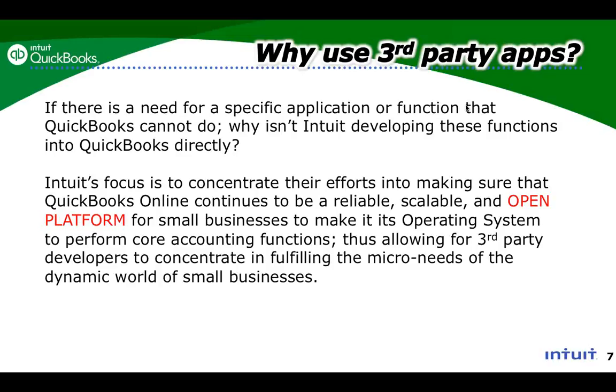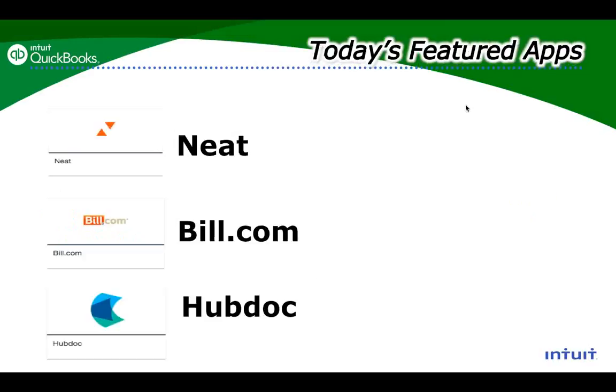You know, there's micro needs in the small business world, and there's very specific things. So what these developers allow is for Intuit to focus on making one strong platform, the Intuit QuickBooks Online platform, that connects to these systems, and then allowing Intuit to focus on just the accounting piece, and then allowing the third-party developers to go deeper and deeper into partial accounting and then non-accounting tasks.